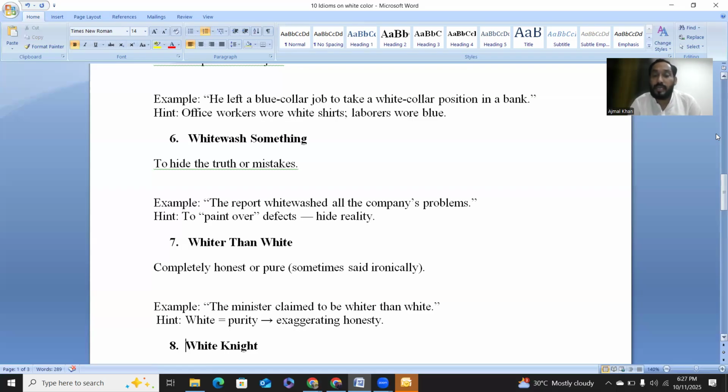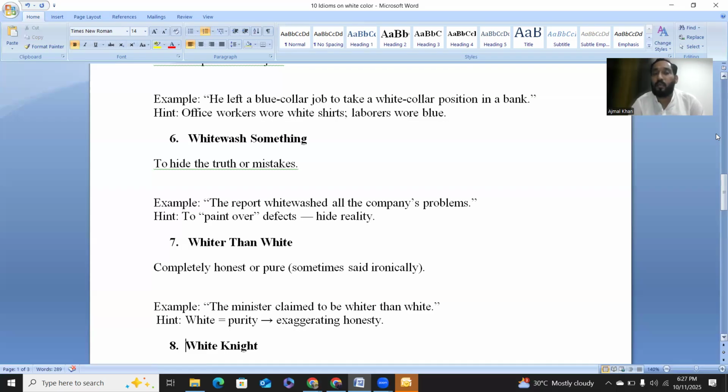Its example is, the minister claimed to be whiter than white. The minister claimed, I am whiter than white, meaning I am honest in a matchless way, in an unprecedented way. So whiter than white means someone who is dead honest, honest to the highest level.